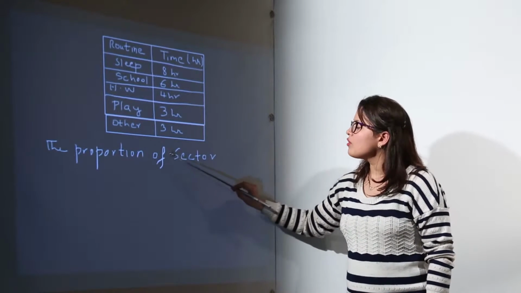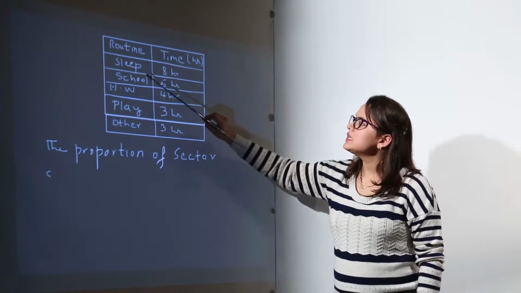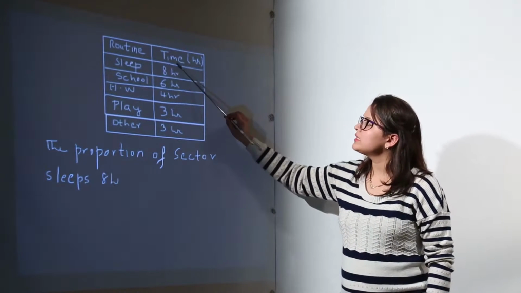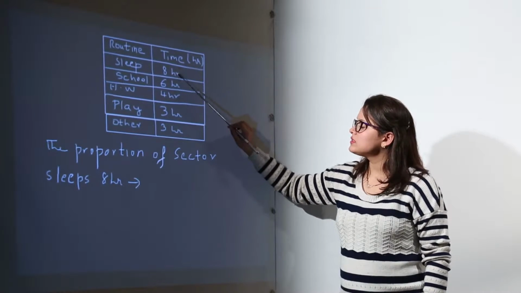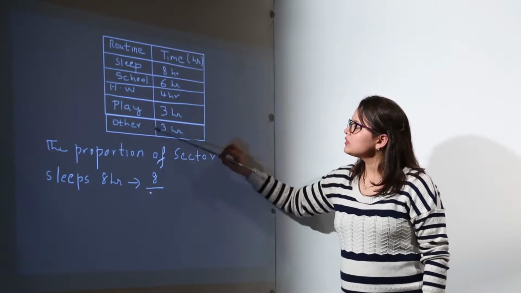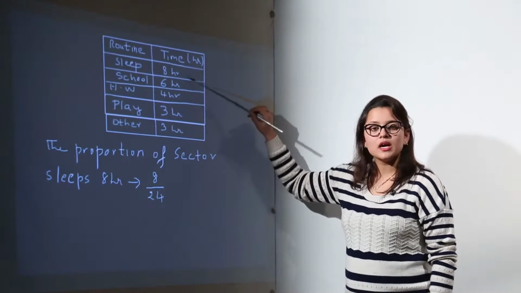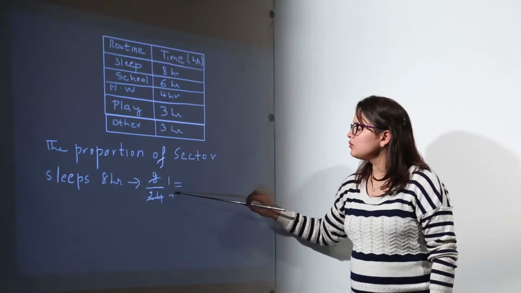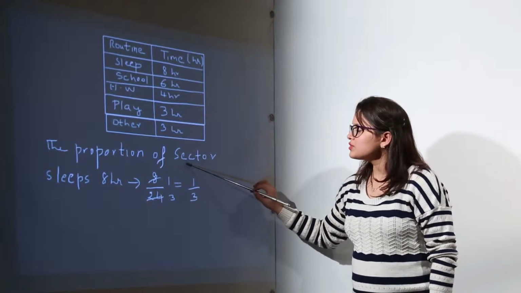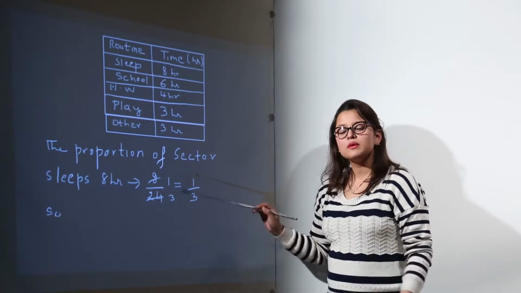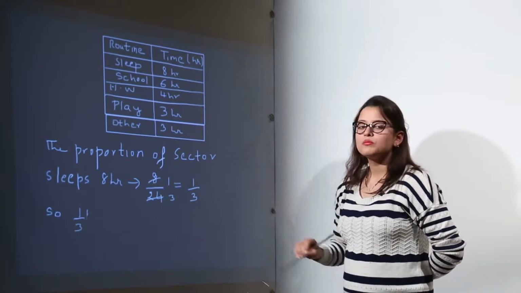The proportion of sector for sleeping would be equal to the value, that is 8, upon the total hours in a day. The total hours we know is 24. If we cancel this out, we get 1 by 3. So the sleeping sector will have the 1 by 3rd proportion.